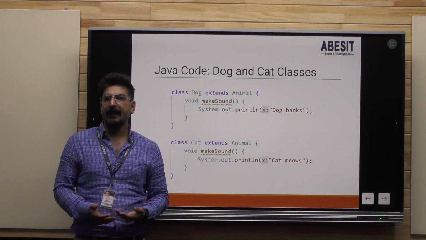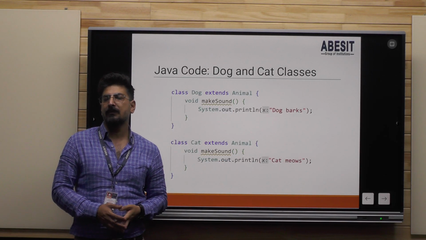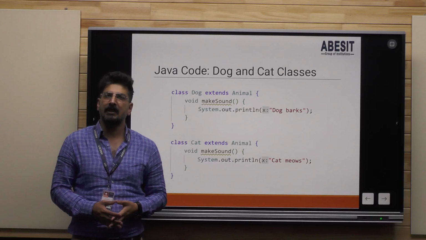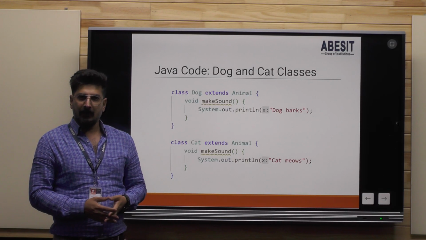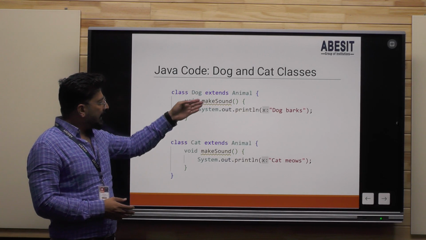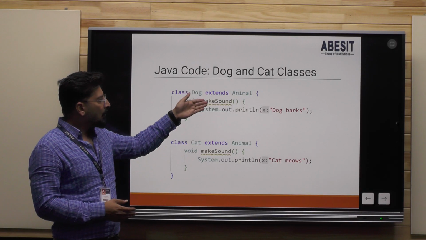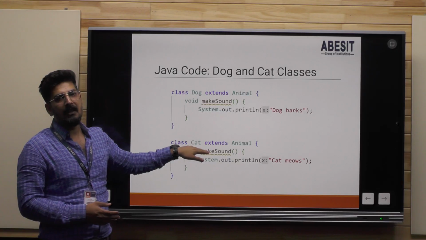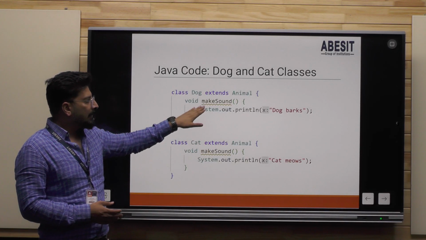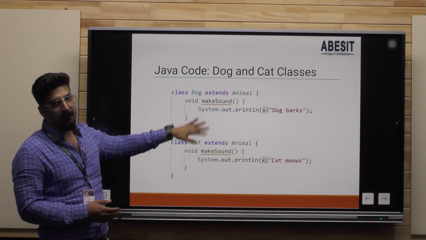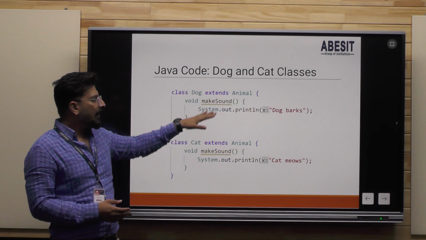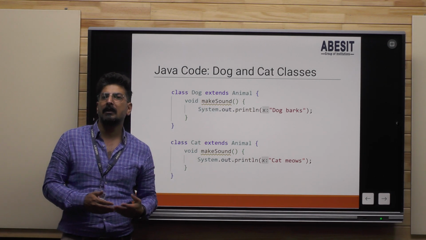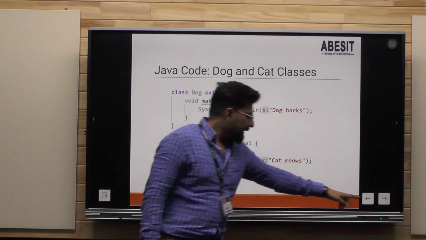So we are overriding. We are using the same method which was available in our Animal superclass, and defining it again. We are overriding this method in the Dog class as well as in the Cat class. The definition is different, but we are defining it in subclasses, not in the abstract class. Okay. Next slide.